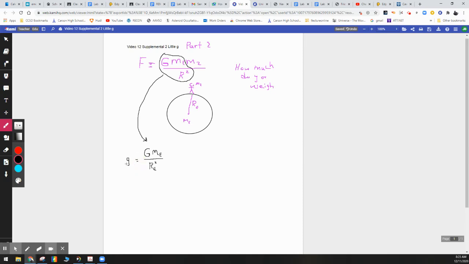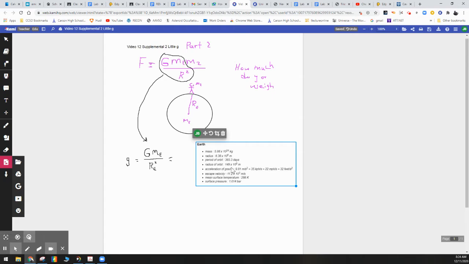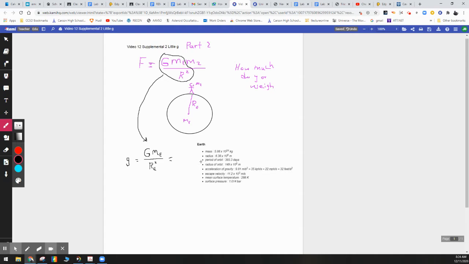Now, if I was to put all the values in here for g, let me pause here real quick. Here we have the Earth's data. If I put in the mass of the Earth, and the gravitational constant, big G, which remember is, was it 6.77 times 10 to the minus 11? Hold on.